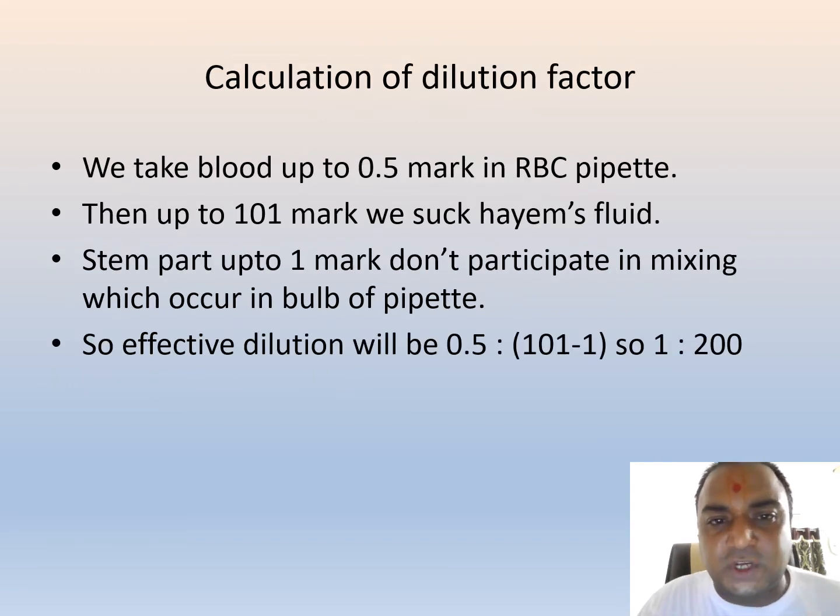Another common question is: what is the dilution factor, or how will you calculate the dilution factor? In the red blood cell pipette, we take blood up to the 0.5 mark. There are no units in the pipette. Then we suck the RBC diluting fluid up to the 101 mark.